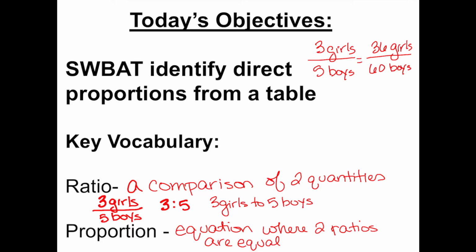This is a proportion because if I reduced them, they would be the same. Or if I multiplied by 12, 3 times 12 is 36 and 5 times 12 is 60, they're the same thing. They represent the same ratio, just in different kind of areas, right? So this is Mrs. Gwines' room, and then this is the whole 7th grade. Pause the video if you need to copy down the notes, and then we're going to get started talking about the math.